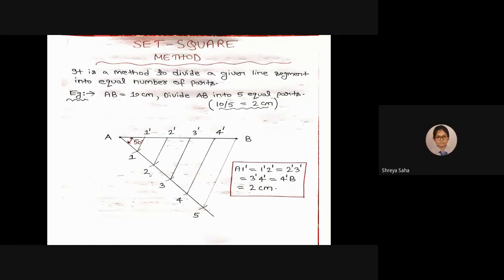Yes, sir. Clear. Okay. Now comes the use of pencils. Which portion, which pencil you will use? This AB line is the main line which you are dividing into 5 number of equal parts. For this you have to use HB pencil.